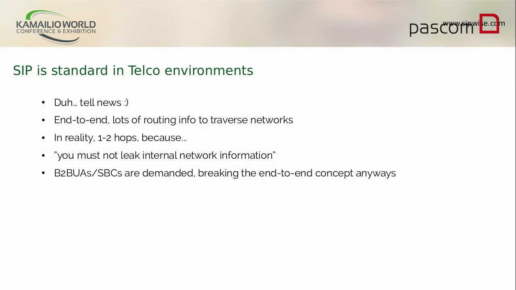So in theory, you could really do an end-to-end call and you see how the calls traverse through your network. And there you basically expose network information of your own infrastructure, and an operator usually doesn't want to do that. So what we get there anyways is B2B UAs, SBCs, which are breaking the end-to-end concept.